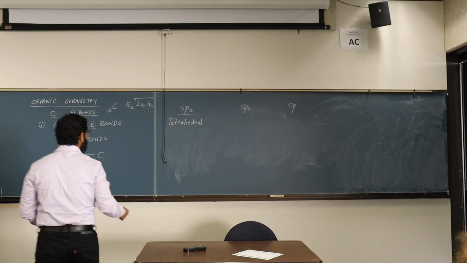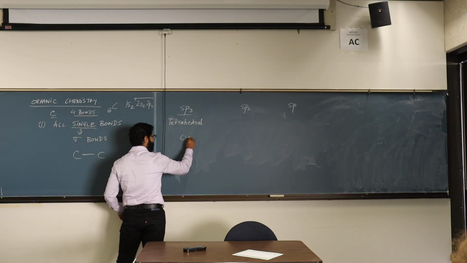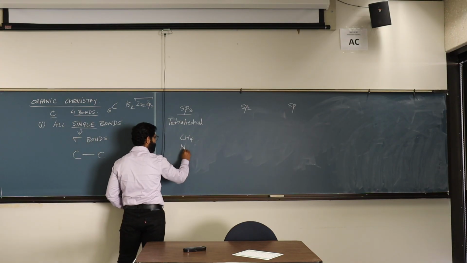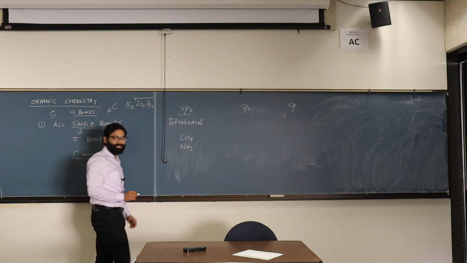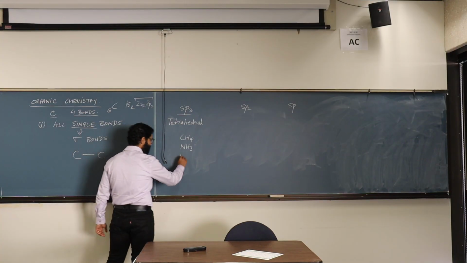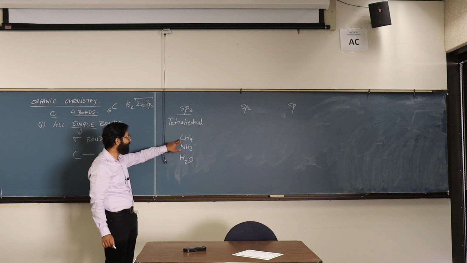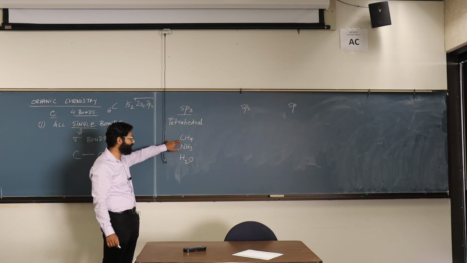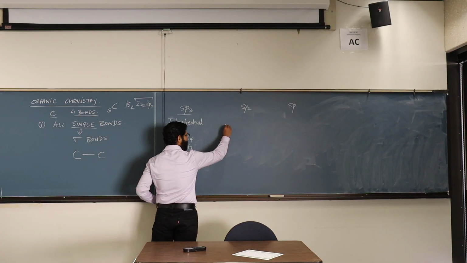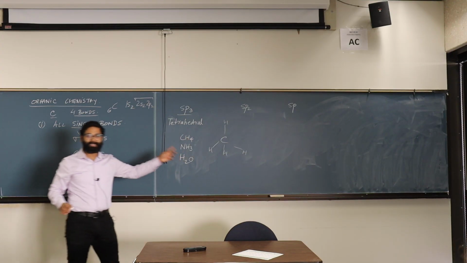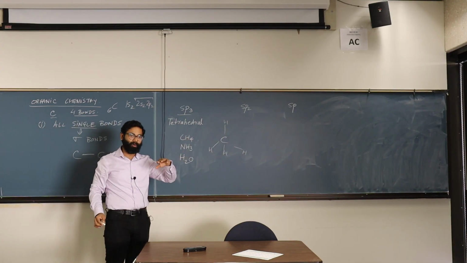For example, CH4 has sp3 hybridization, NH3 ammonia has sp3 hybridization, and water has sp3 hybridization. In CH4, the central atom is the carbon, and then you will have these H, H, H, and H.